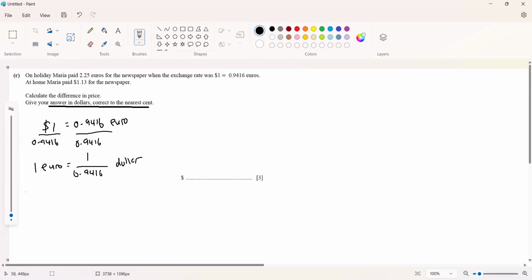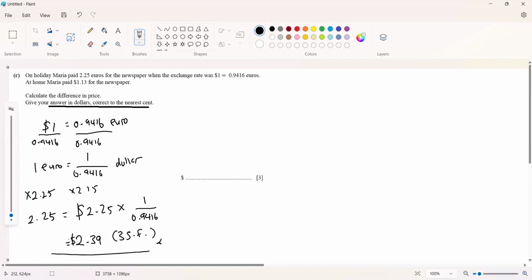Now we can multiply by 2.25 on both sides to get the value in dollars. So 2.25 euro equals 2.25 times 1 over 0.9416 dollars. That would be $2.39, correct to three significant figures. They asked us to find the difference in price.